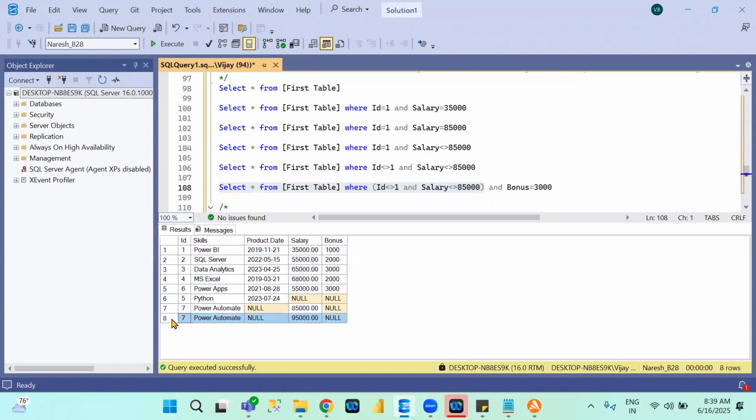And eighth record, it is satisfied. These records are satisfied. In those rows, bonus is equal to 3000. What are the records there? That means this record will be there, and this record will be there. Understand or not? Those two records only.